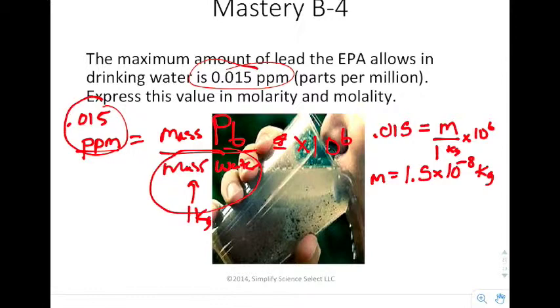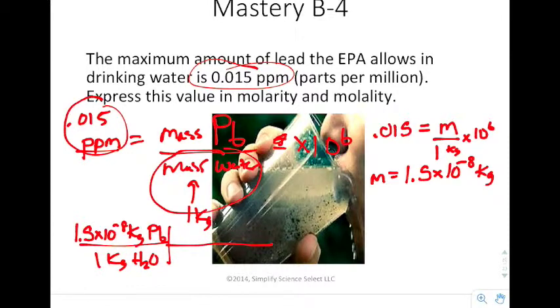Now you need to figure out that 1.5 times 10 to the negative 8th kilograms of lead is in 1 kilogram of water. So now if I want to figure out the molarity or the molality, the first thing I can do is say 1 kilogram of lead is 1,000 grams of lead.